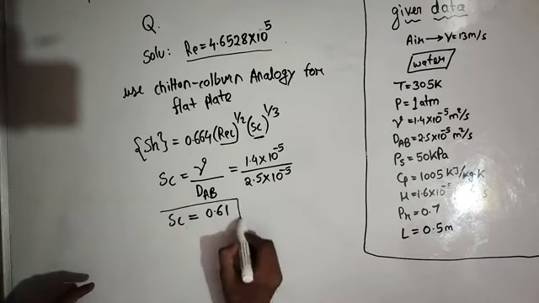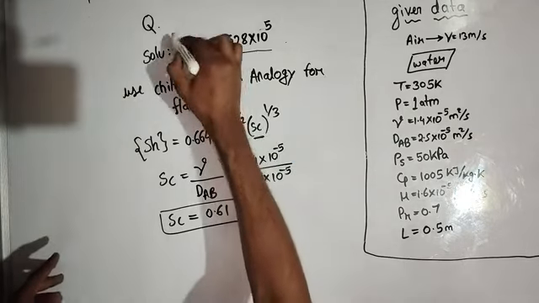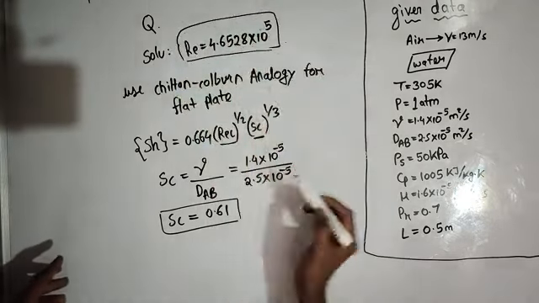So we will put this 0.61 and Reynolds number in this equation.